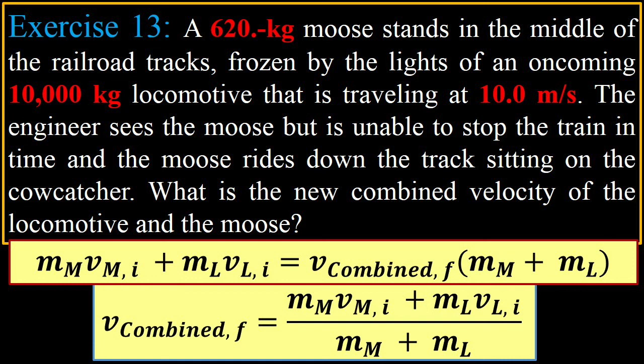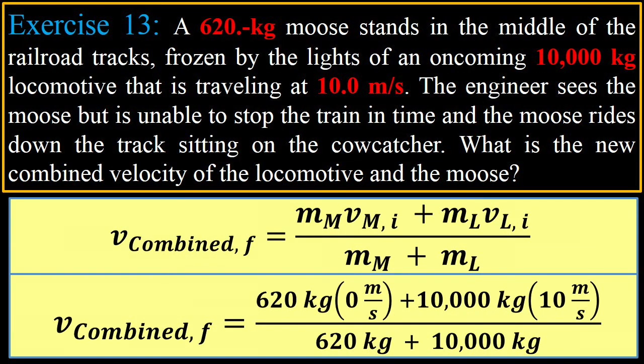So it's the sum of the initial momenta divided by the sum of the masses of the moose and the locomotive, equal to the velocity of the combined train and moose. And there are the values plugged in. 0 is the initial momentum of the moose because he's standing still. He's frozen on the track.